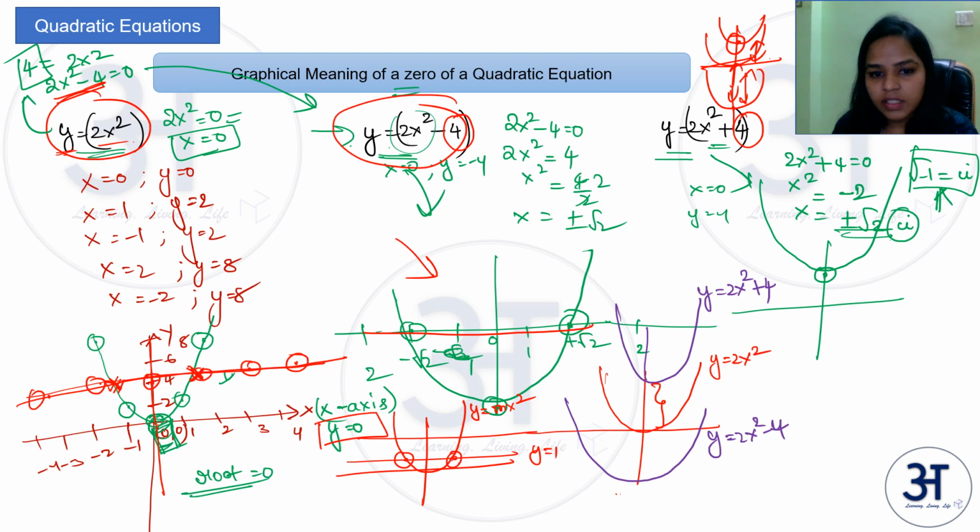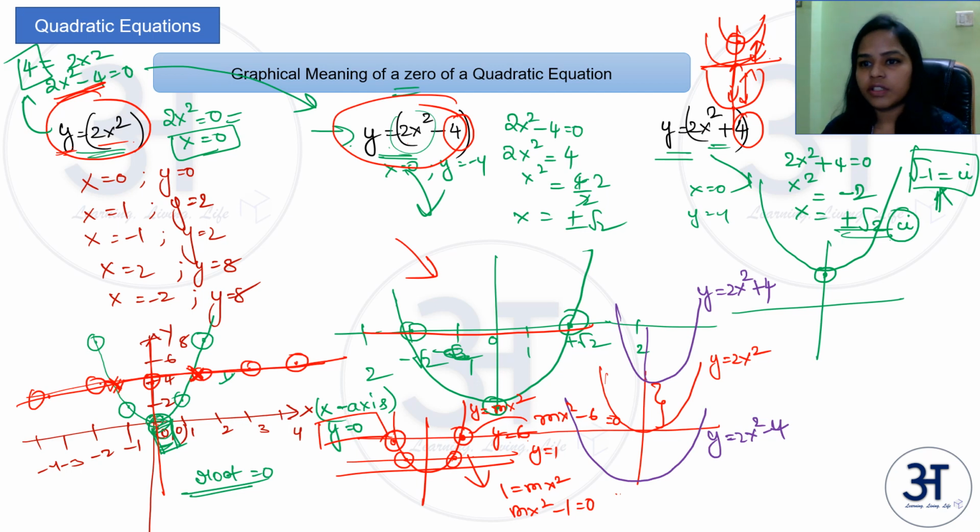So these will be the roots of 1 is equal to mx square. So mx square minus 1 equal to 0. These will be your roots. Similarly, if this is equal to some y equal to say 6, then mx square minus 6 equal to 0. These will be your roots. Right? So this is one of the important concepts.